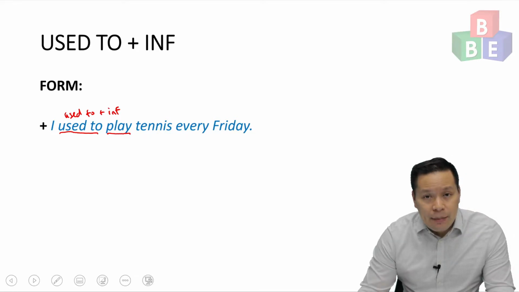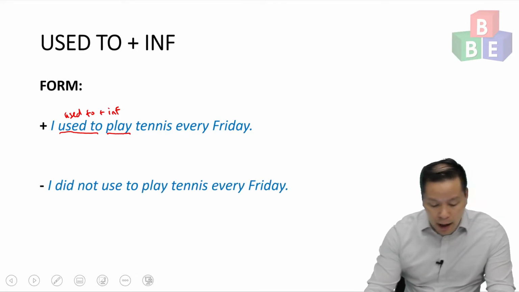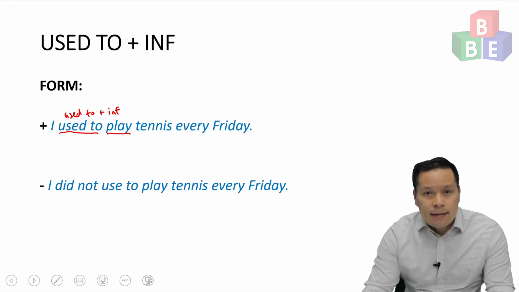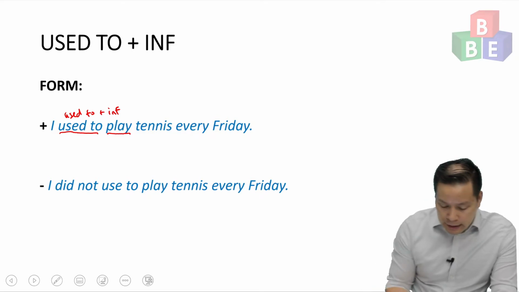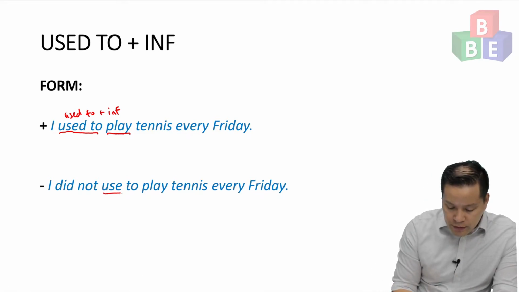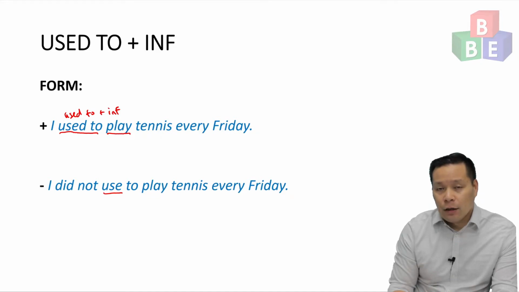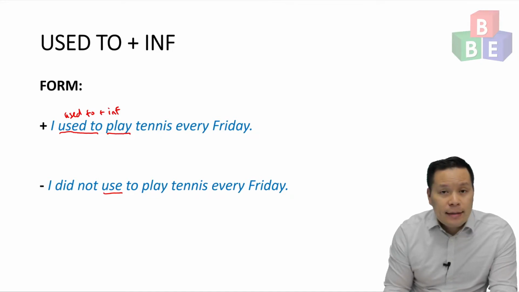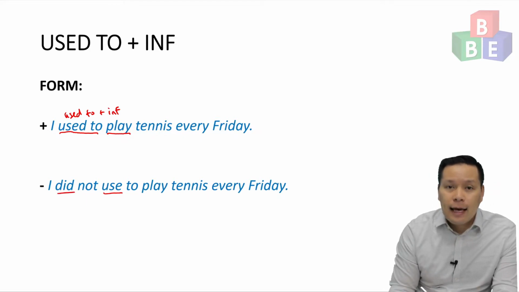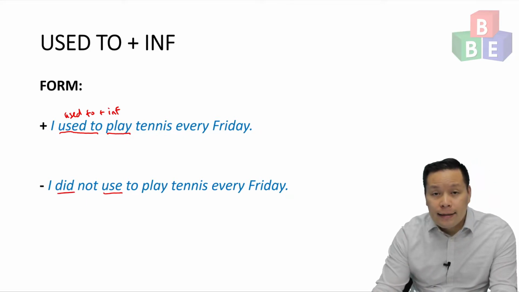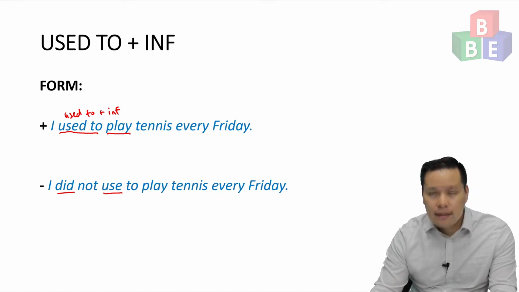In the negative statement form, we can say, I did not used to play tennis every Friday. You need to be a little careful here. If you look at the verb use, it doesn't have the D on the end. The past simple is indicated in the auxiliary verb did in this case. So we say, I did not used to play tennis every Friday.